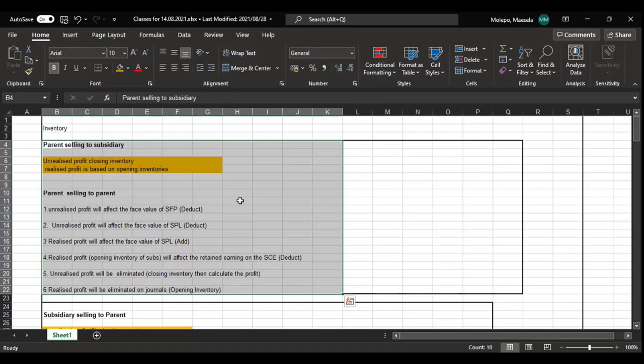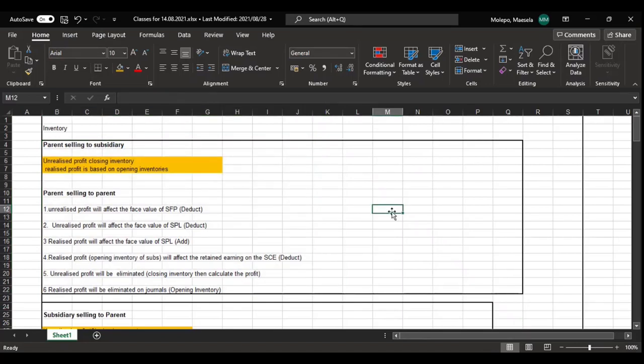Then subsidiary selling to the parent, I think it will be next week, because this one will take us the last 22 minutes. So write this information. I give you less than 2 minutes or so. So here I'm telling you what will affect what and how do you do it. You add, you deduct.